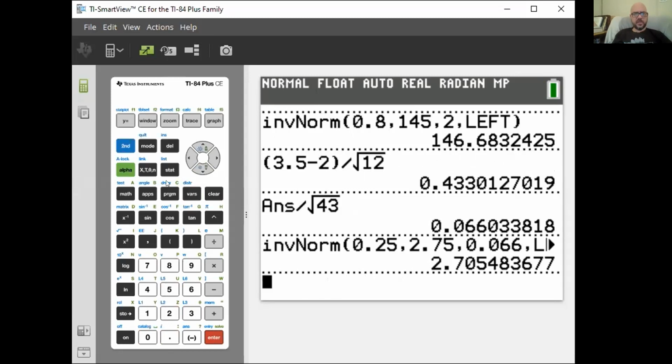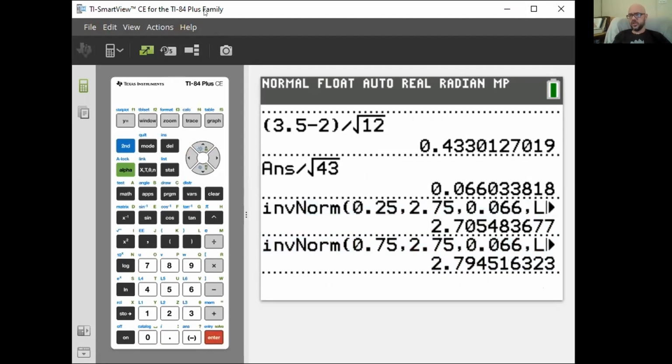And then the next question is to find the IQR. They didn't actually ask for the IQR. They wanted the bounds for the middle 50%. So they want the 75th percentile, which is literally the same calculation, but with 75% instead of 25%, right there. So there's your bounds, 2.705 to 2.795.